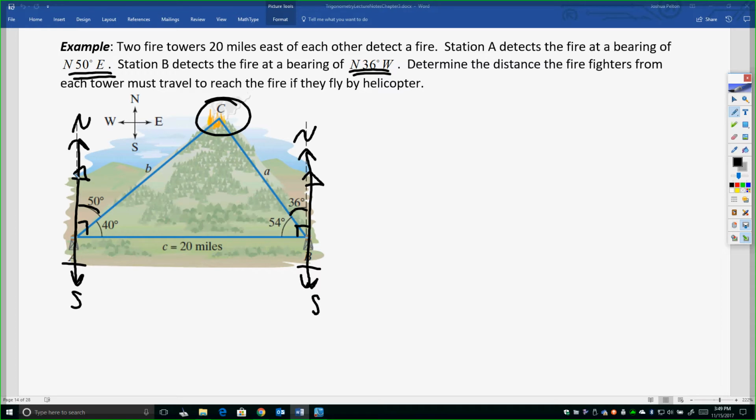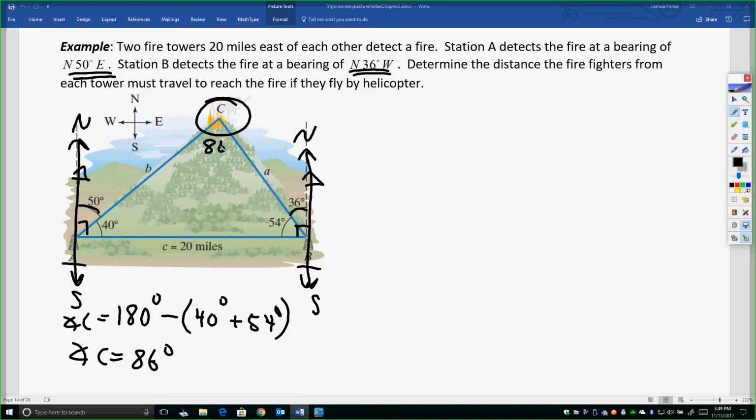So as a result, I need to get angle C as my last angle. So 180 degrees minus the other two angles, and that is angle C. Right? So angle C is 86 degrees for the final angle.